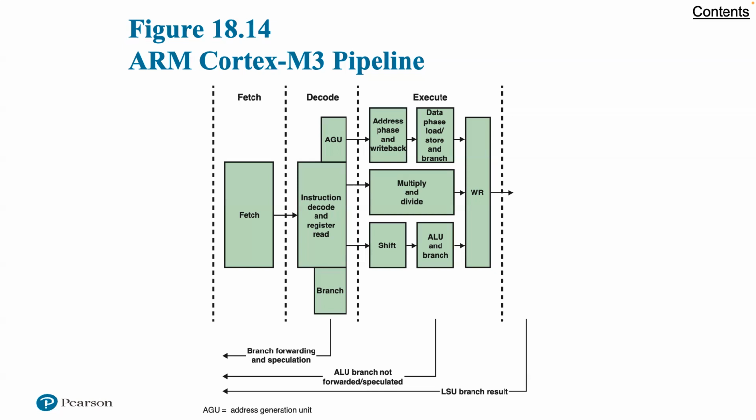So as can be seen, the manner in which branches are handled is considerably simpler for the Cortex-M than the Cortex-A, requiring less processor logic and processing.